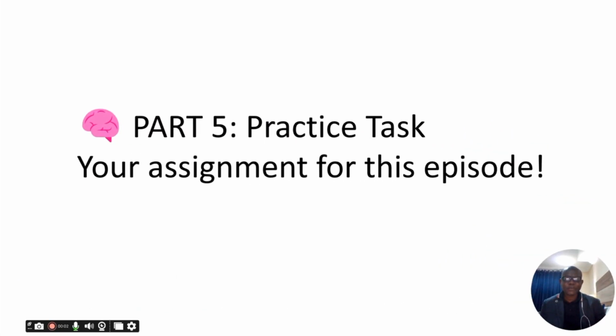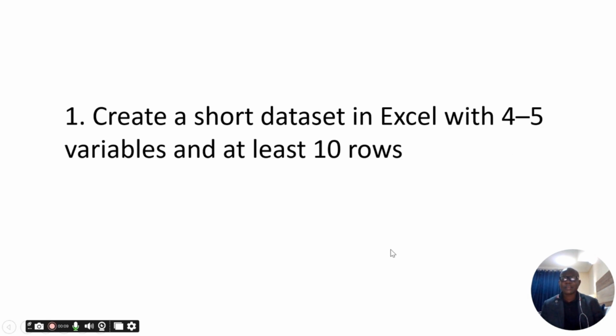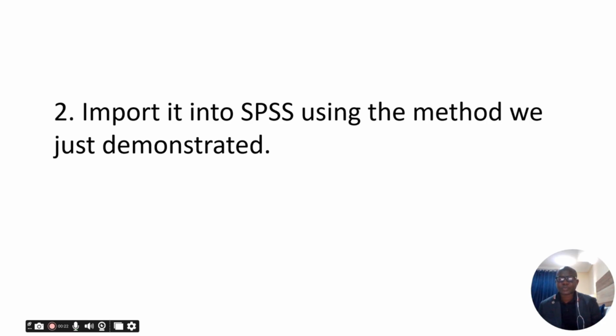Now, it is time for your assignment for this episode. The first thing you are going to do is to create a short data set in Excel with 4 to 5 variables and at least 10 rows. Number 2, attempt to import the data set into SPSS using the method we have just demonstrated.